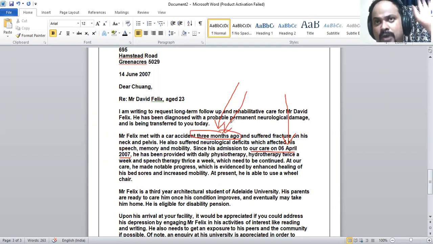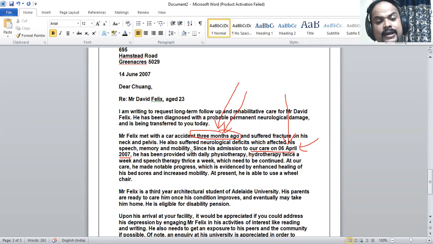So 3 months ago, he met with the car accident. He was taken to Royal Adelaide Hospital. He was there for the past 3 months. And right now he came to our hospital on 6th April. This is the date of admission, which was given there in the case note. So from 6th April to the 14th of June, he was there in our care.